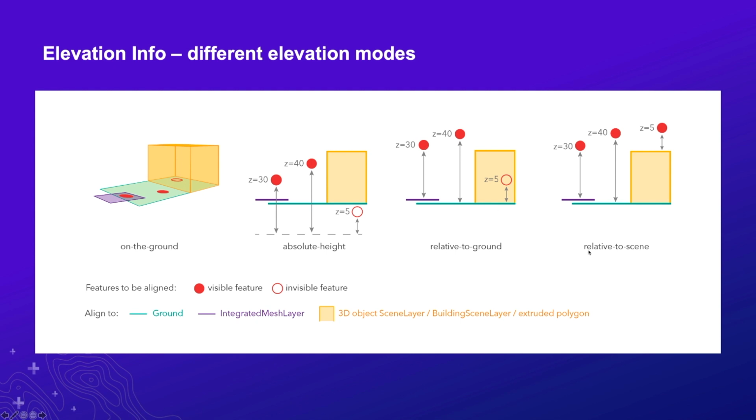Now, in case you want to align the features to a scene layer, so to buildings, for example, or a building scene layer or extruded polygons, then you should use the relative to scene mode. This again takes into consideration also the set value, and it will just add them up.